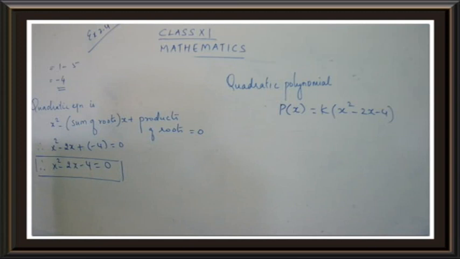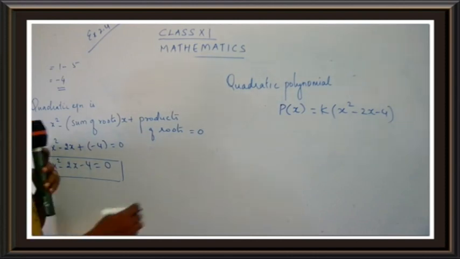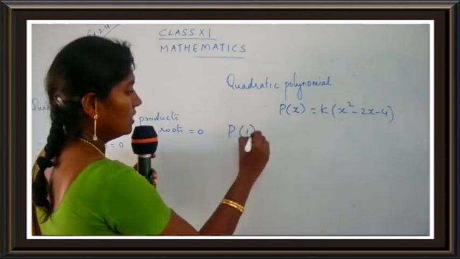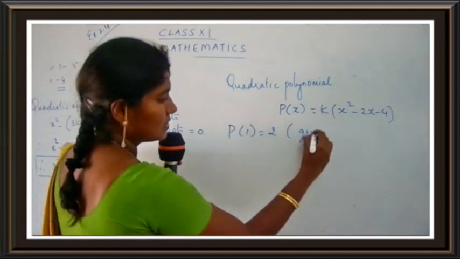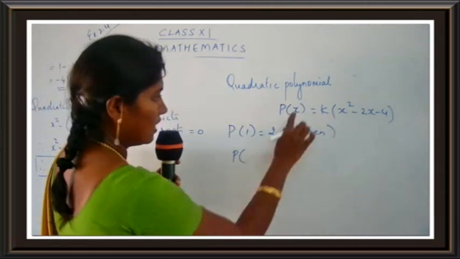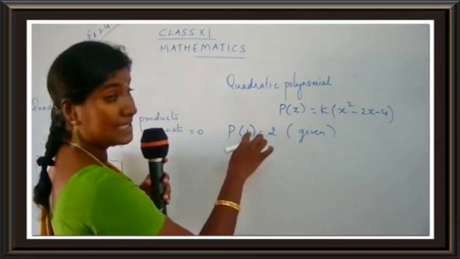And one more thing, they have given you a value for x. Yes, what is the value for x given to you? 1. That is, they are saying that P of 1 is equal to, what is that? 2. Yeah, given. Write down P of 1 is equal to 2. This is given to us. So for P of 1, wherever you have x, you have to replace it with 1.